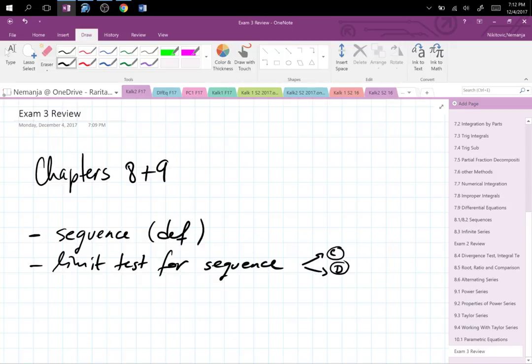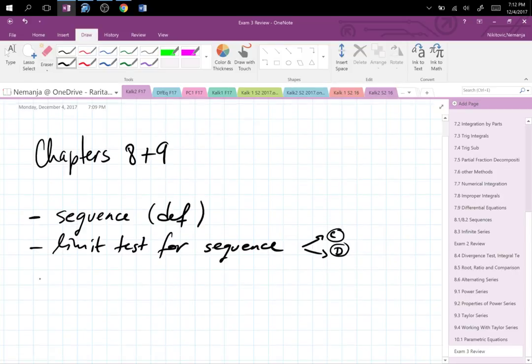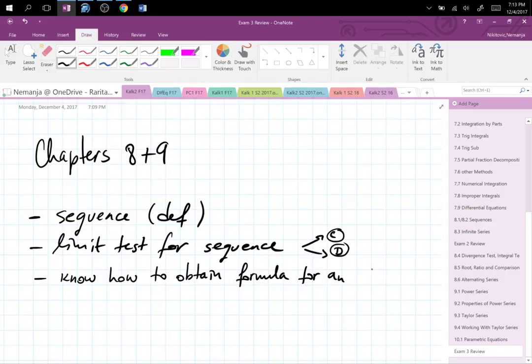And how to obtain the formula for a_n. Meaning, if I give you the string of numbers, like let's say 1/2, 1/4, 1/8, 1/16, you need to be able to put that into (1/2)^n, and stuff like that.